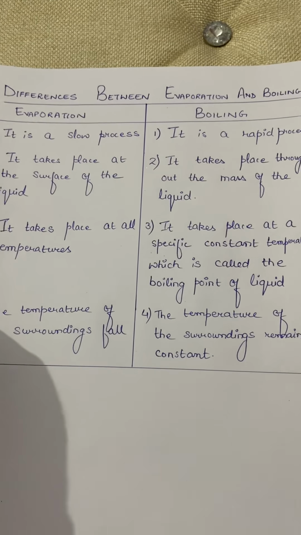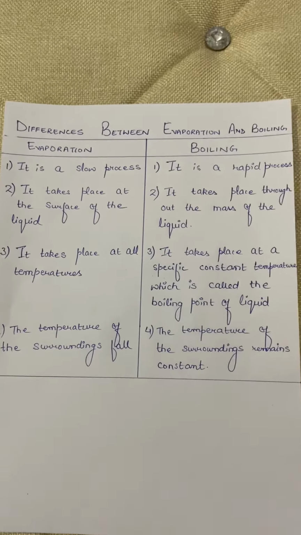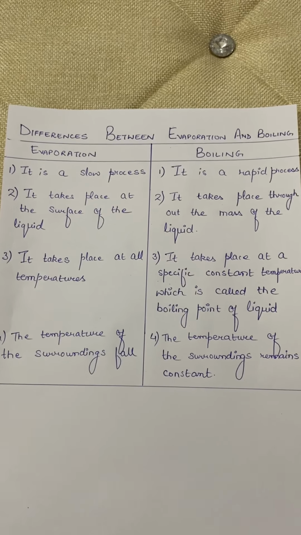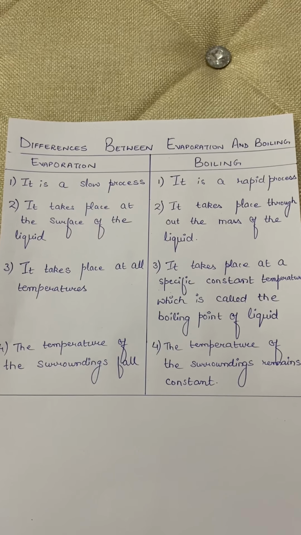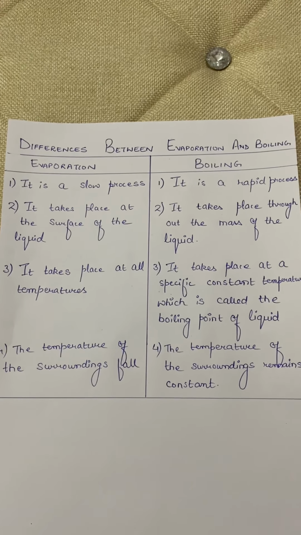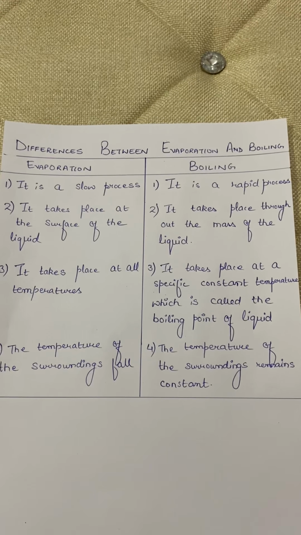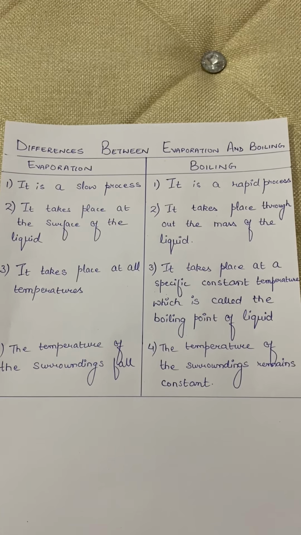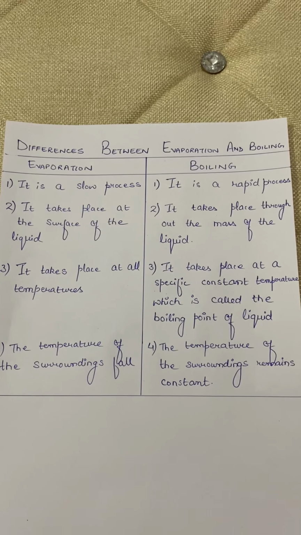For example, now let us take up the differences between evaporation and boiling. The first difference: evaporation is a slow process, whereas boiling is a rapid process. Now, why is it a slow process? There must be some reason for that, definitely.